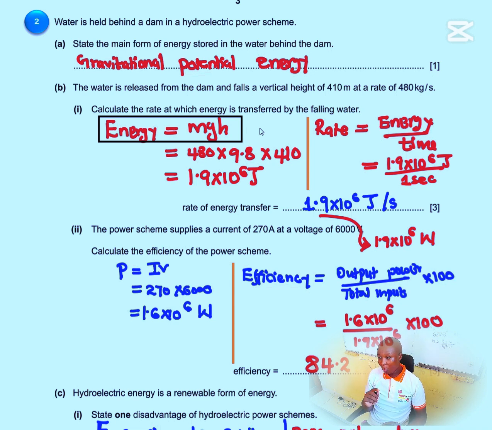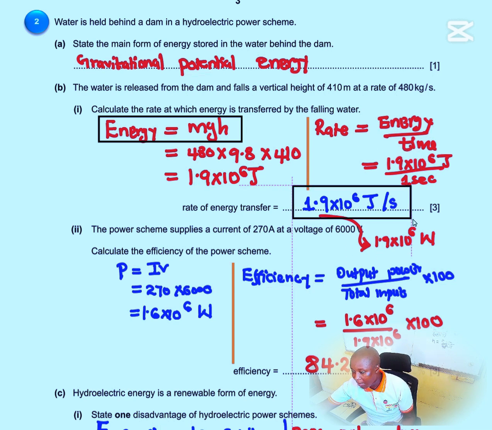But remember, the water is being released at 480 kilograms per second. So our rate is also going to be energy over time. Then if you work out the potential energy, you are going to get your answer here. Our energy is 1.9 times 10 to the power 6 joules per second, and then we divide by time, which is 1 second, and then the rate becomes this.